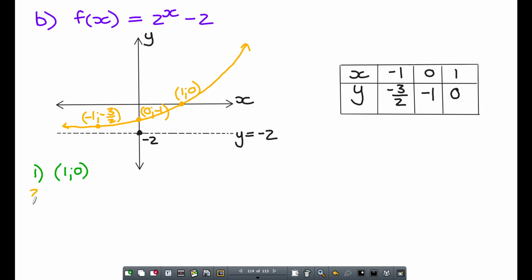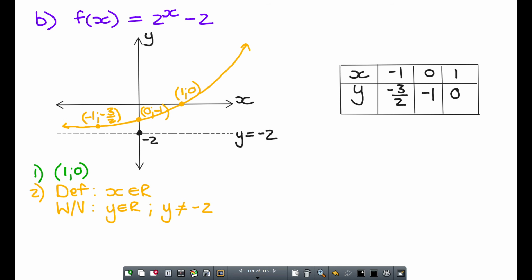Right, nommer 2. Sê hulle vir my die definisieversameling en die waardeversameling. Okay, so definisieversameling. X is an element of real numbers. Dan jou waardeversameling. Y is 'n element van reële getalle, but y may not be... ekskuus, y moet groter wees.